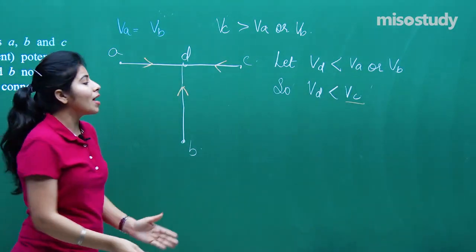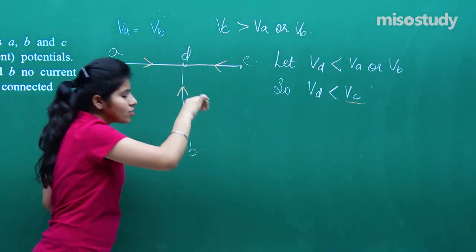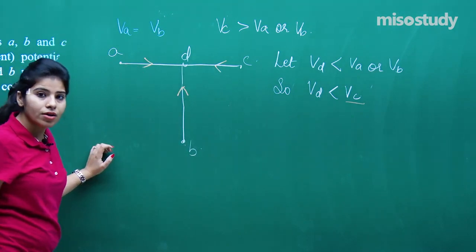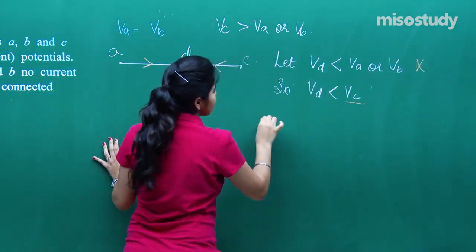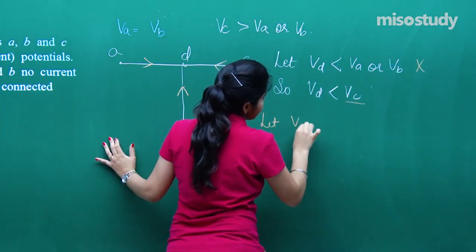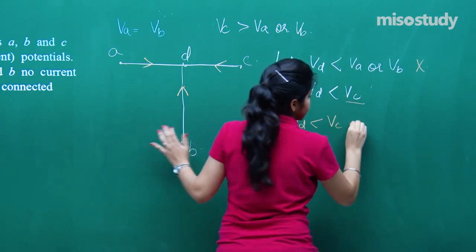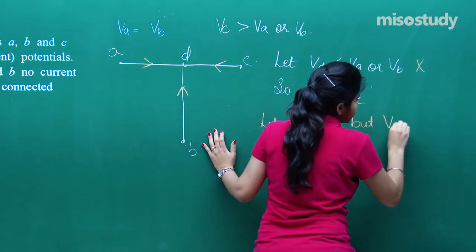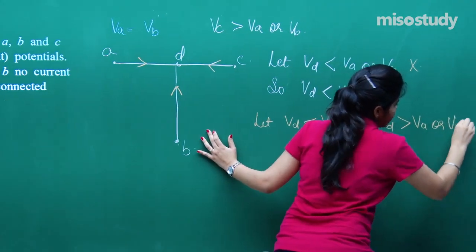The case should be like this: current flows from here and then from here, and then it comes like here. So our assumption was wrong. We have to consider that VD is less than VC, but VD should be greater than VA or VB.